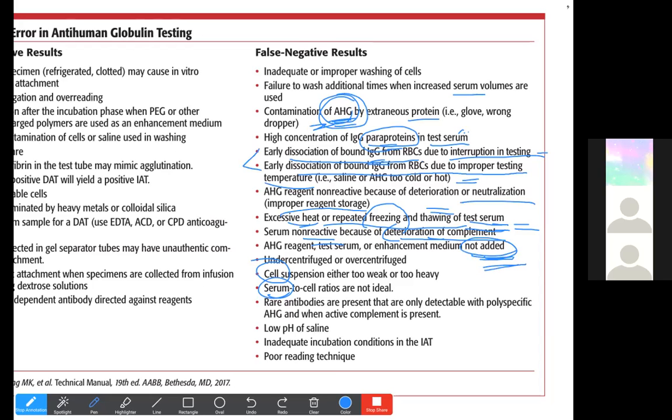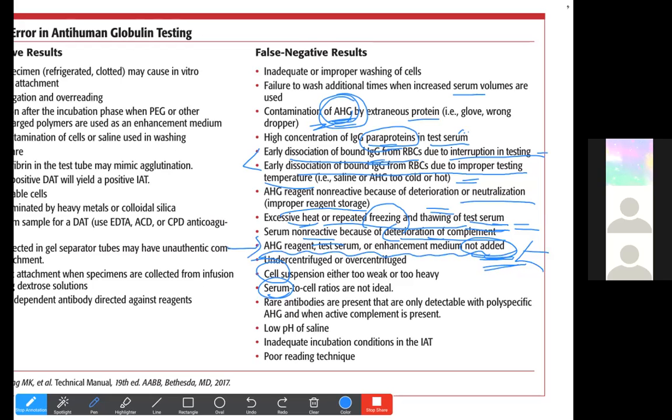And this is one of the most common causes, I think, of false negative results, because once you have too many test tubes in hand, and you have to add the sera and the enhancement media and the reagent red cells and the AHG reagent to all of them, sometimes you may miss out some reagent in the test tube mix.